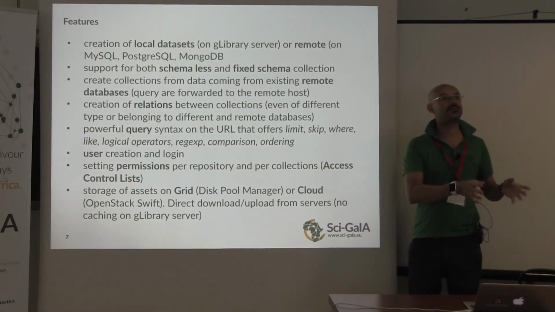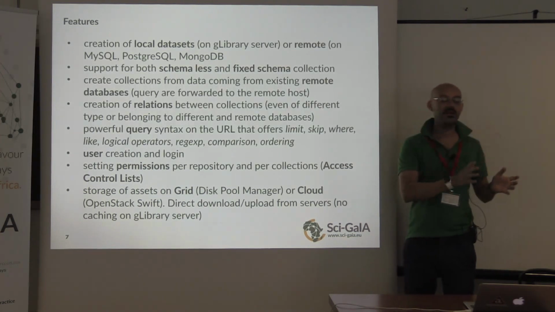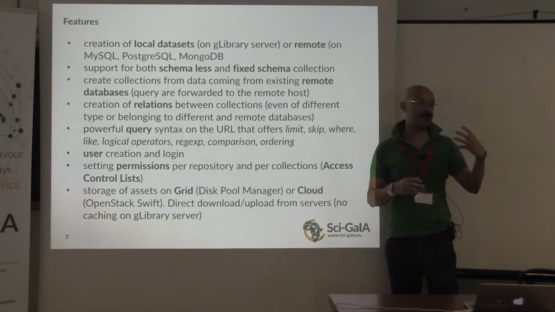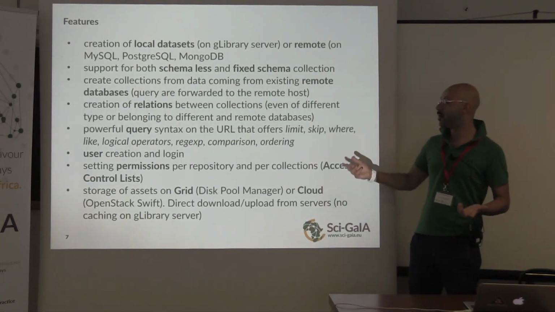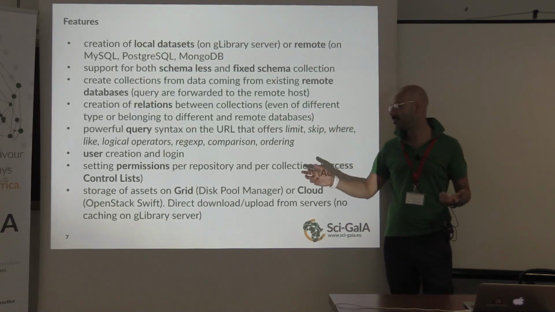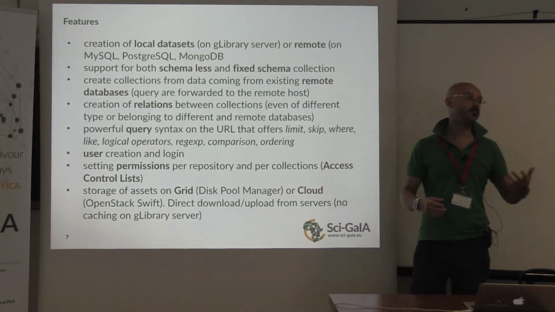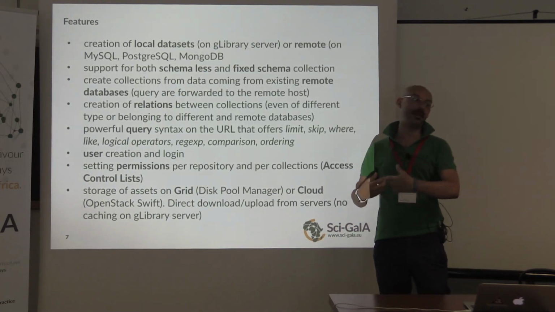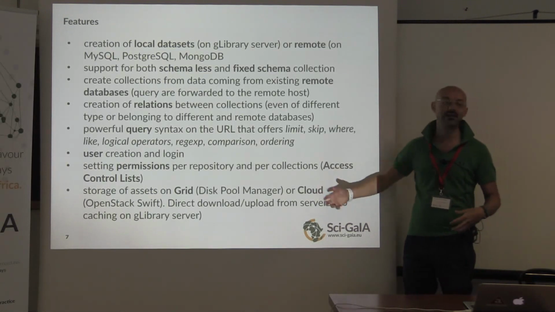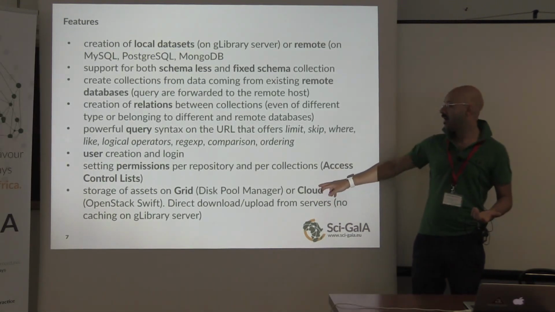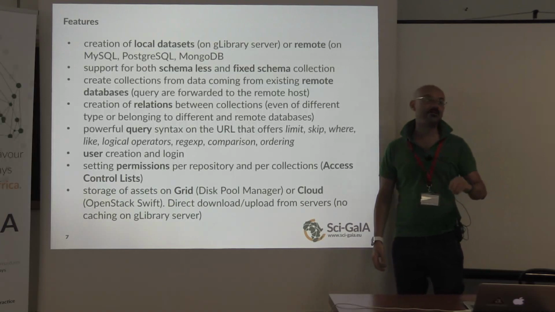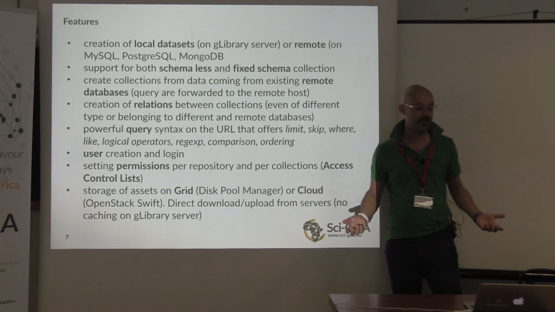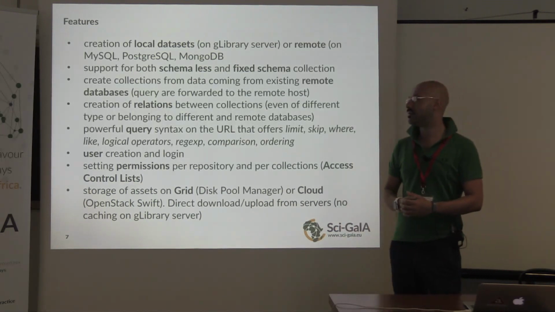We can set access control lists on our repository and on our collection. And finally, for the storage capability, you can store files on the grid. We support at the moment the disk pool manager, but it's quite easy to add other plugins to support other kinds of storage, like local storage or FTP. And for cloud storage, at the moment, we use OpenStack Swift because that's what we have at the FedCloud infrastructure and in our local infrastructure here.